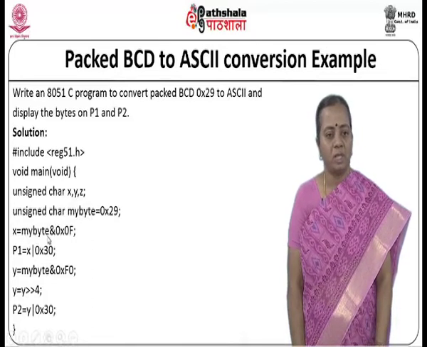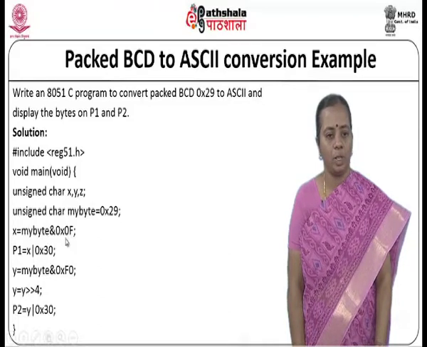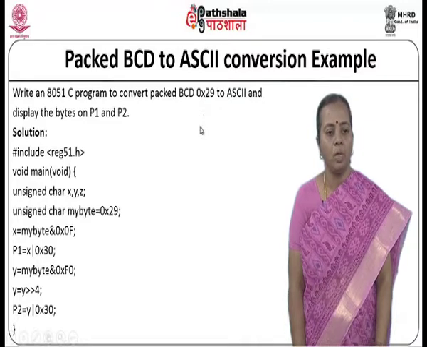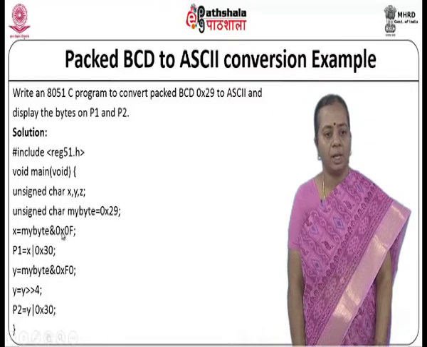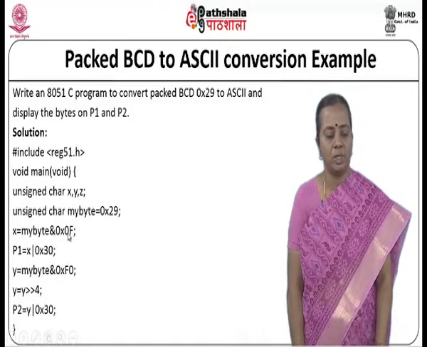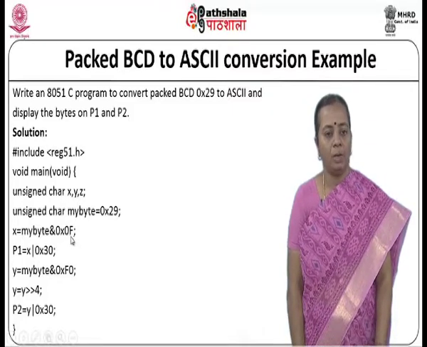Now, mybyte is ANDed with 0F. What it does over here is, because there is a 0 over here, the first 4 bits, in the sense 2, that means 0 0 1 0, get erased, that means ANDed with 0. So, it becomes 0. We will get 1 1 1 1 ANDed with this 9, so that we will be getting only the 9 over here.